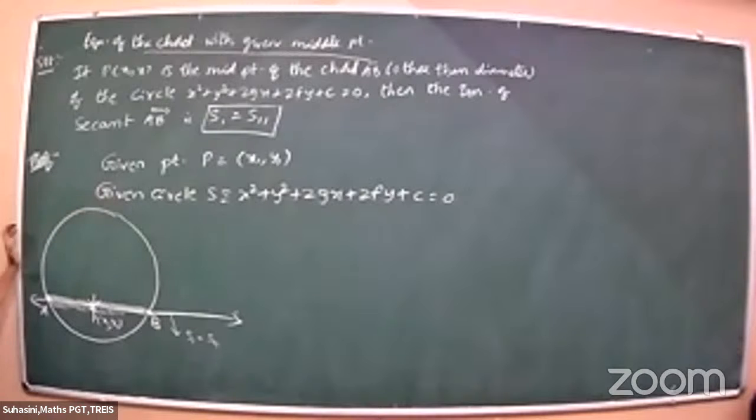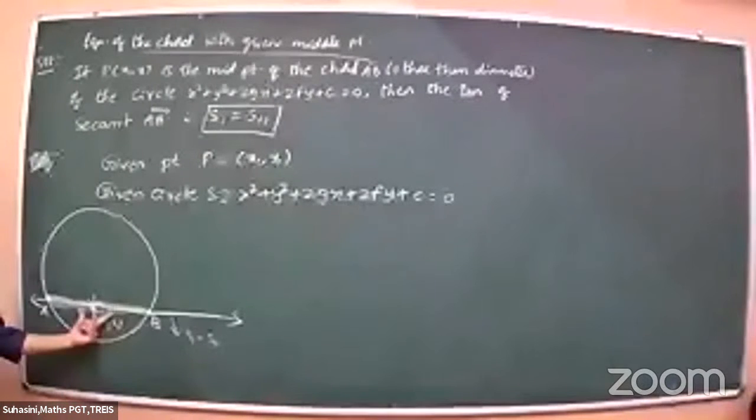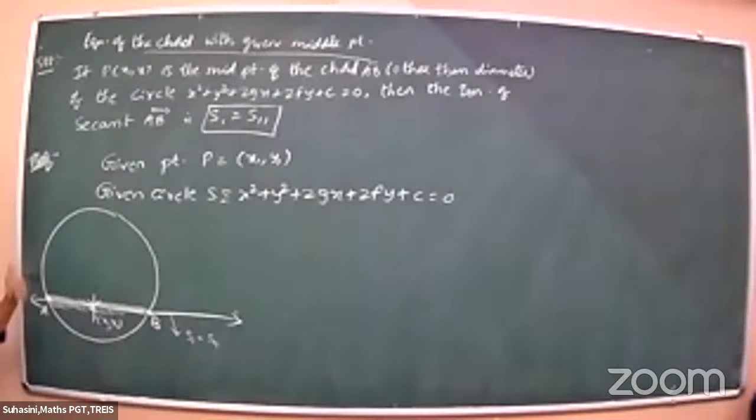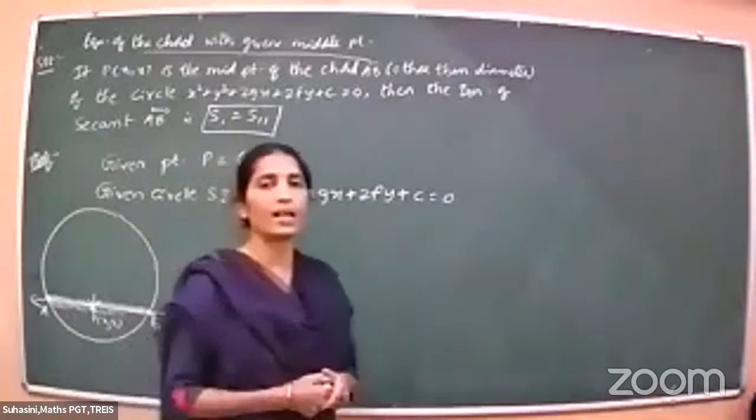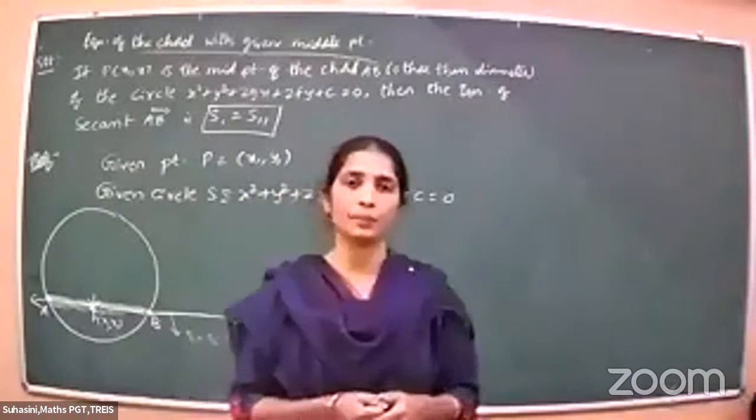How can we do this? We need to find out the equation of this straight line. Let us take some important concepts that we have studied in our earlier school geometry.